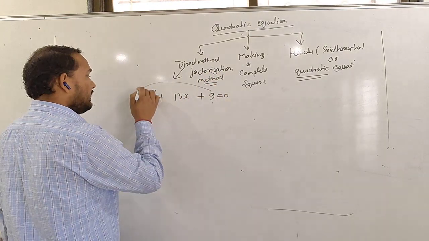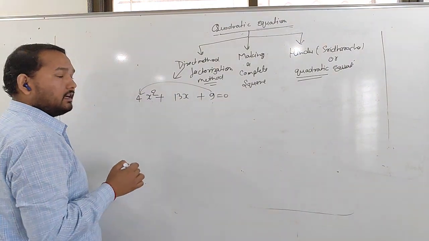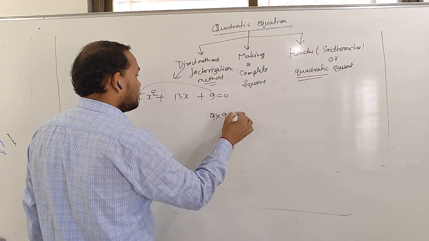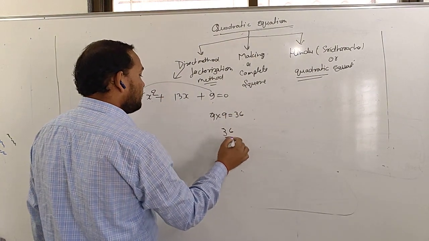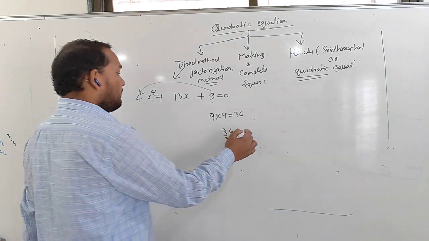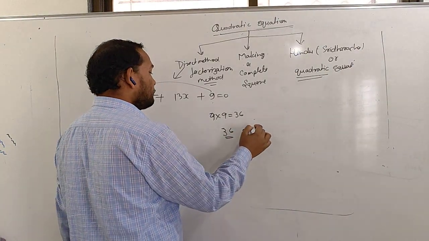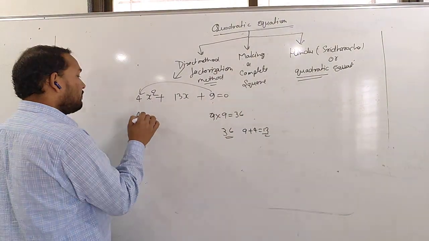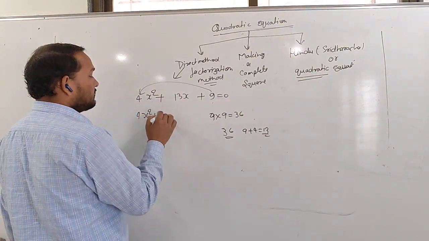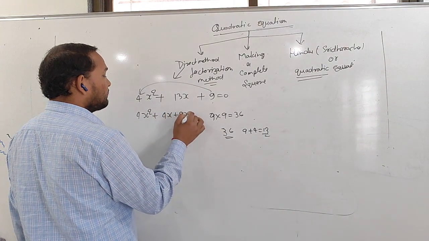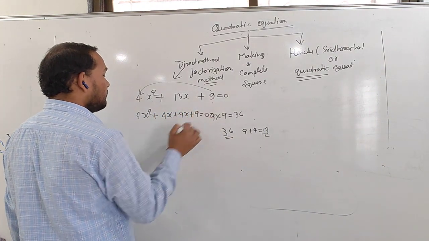We multiply 4 and 9, that is the product 36. 4 into 9 equals 36, and 36 is factorized into two terms that make the middle term: 9 plus 4 equals 13. Then 4x square plus 4x plus 9x plus 9 is equal to 0.